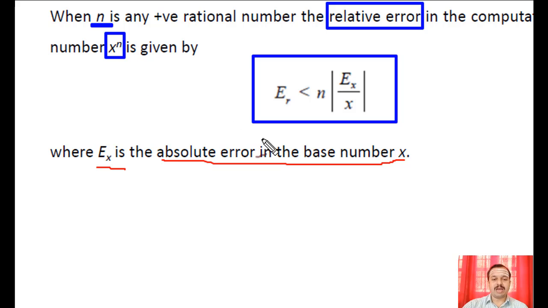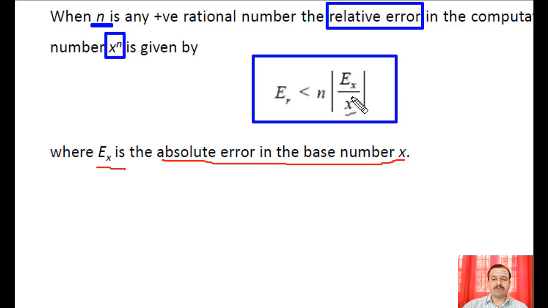So the absolute error associated with x, that is ex, is to be taken in the numerator, divided by the number x itself, only the base, in the denominator, and we have to multiply that value by n. That total answer is always greater than the relative error, or we can say that the relative error is less than that number. So this is the formula we will be using in the problems.